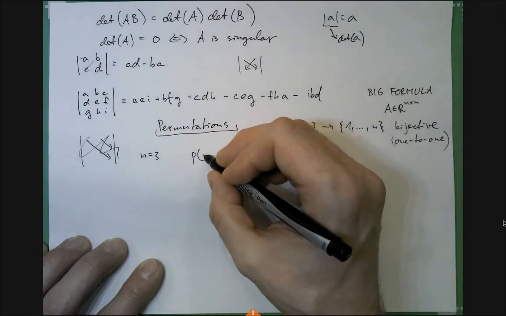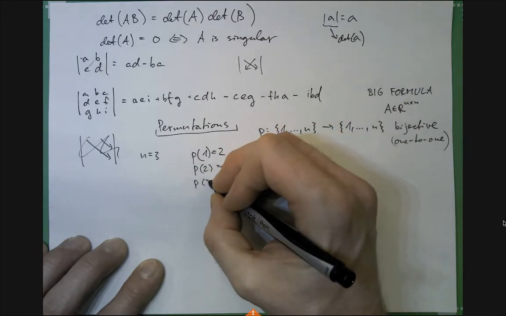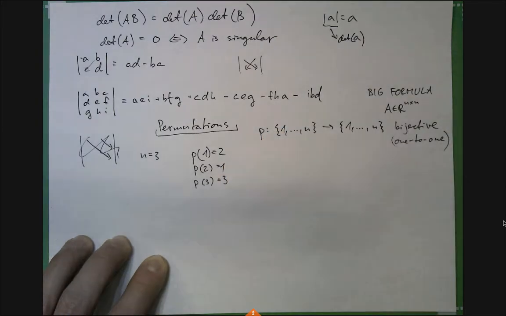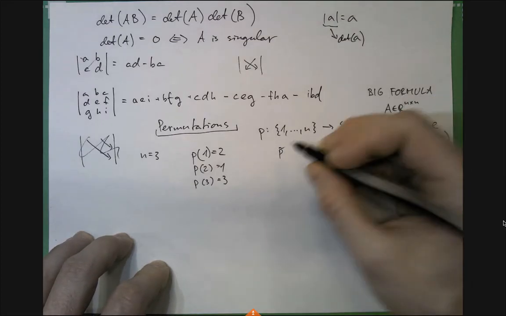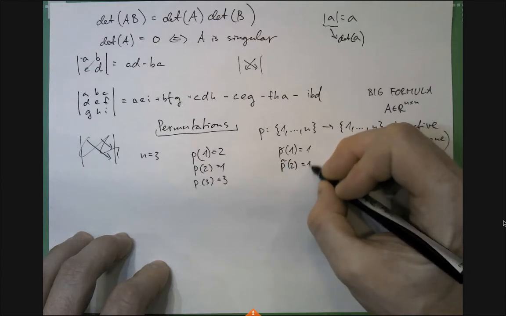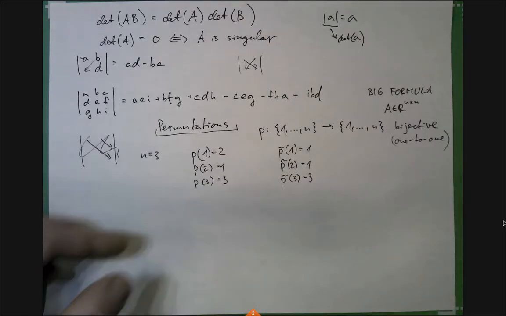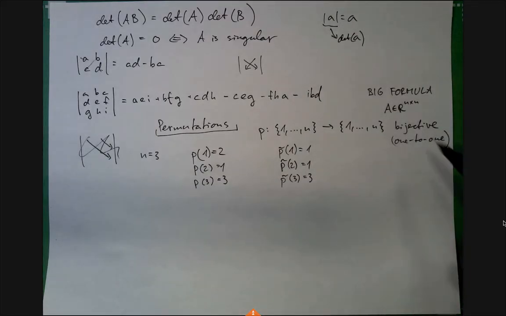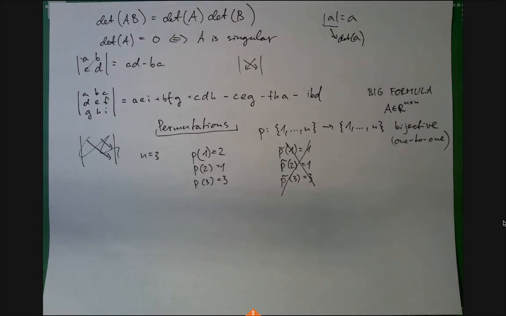A function that maps 1 onto 2, 2 onto 1, and 3 onto itself is a perfectly valid permutation. If, for example, p tilde 1 mapped to 1, p tilde 2 also mapped to 1, and p tilde 3 mapped to 3, would that be a permutation? No, it wouldn't, because it wouldn't be one-to-one. So this is not a permutation, the other is a valid permutation. You understand what one-to-one mapping means? Okay, good.